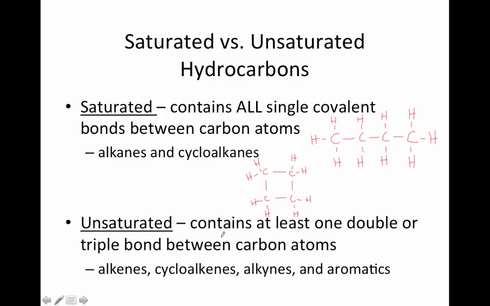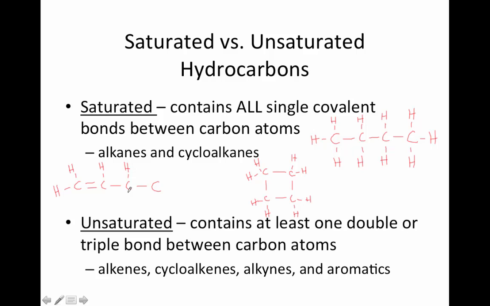An unsaturated hydrocarbon contains at least one double bond, and let me show you what happens when you put that double bond in there. When you put the double bond in there, you no longer have as many hydrogens on the carbons that are involved with the double bond.